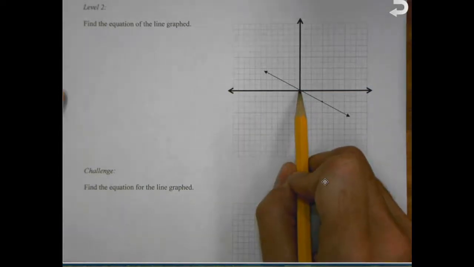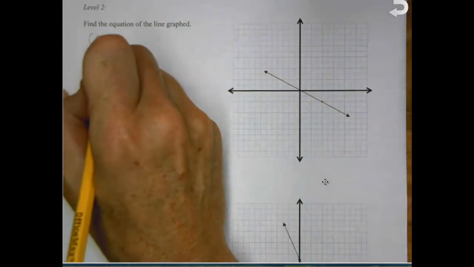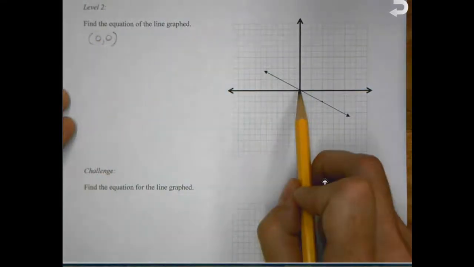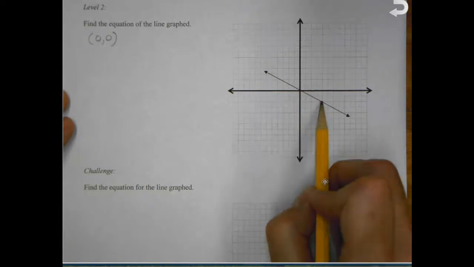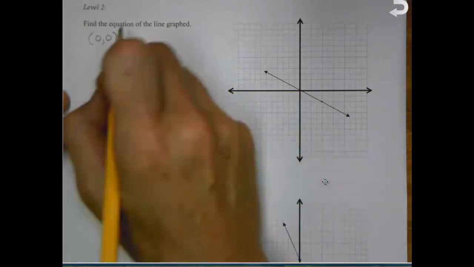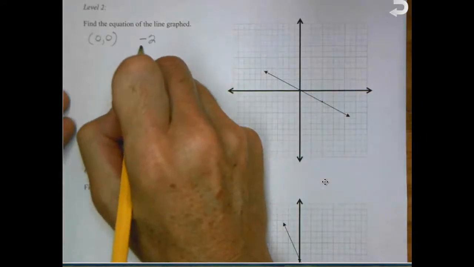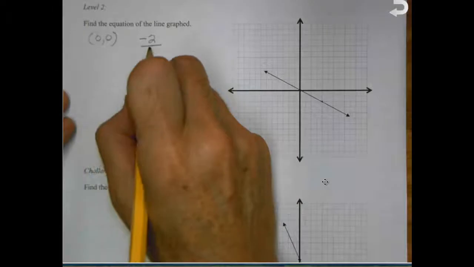This one's a little different, not very much, but it has a y-intercept of (0, 0). So (0, 0) is the place where we cross the y-axis. And from here, if I want to count between these two known points to find my slope, I have a rise of -1, -2, and a run of positive 1, 2, 3, 4.